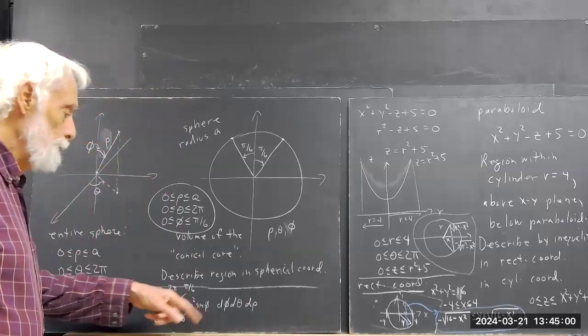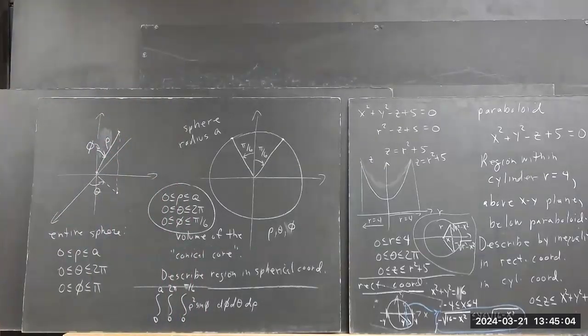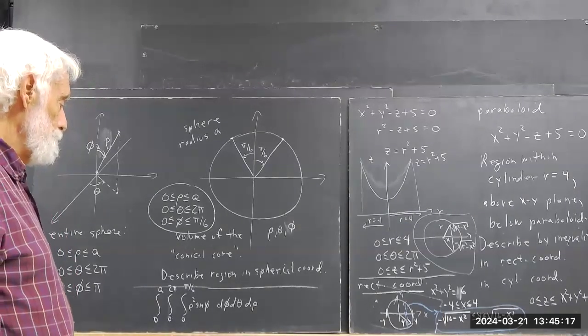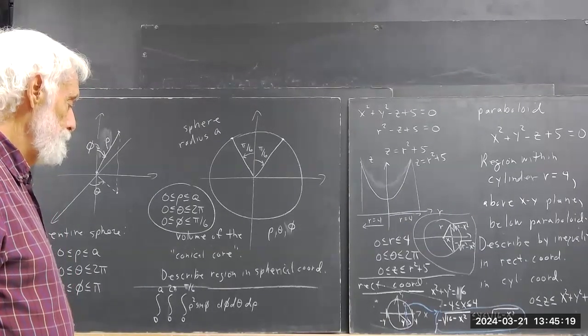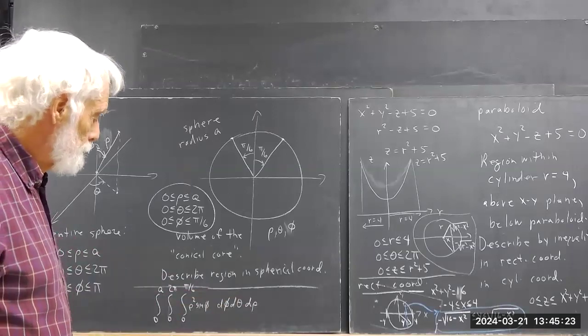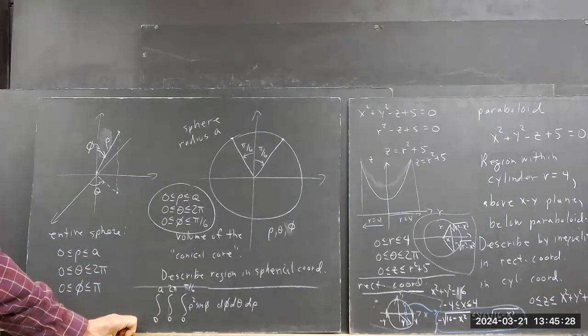Then you've got your rho squared sine phi for your volume increment. And we pictured that back a couple of chapters ago when we introduced polar coordinates. And if you do this integral, you get the expression for the volume. Okay?